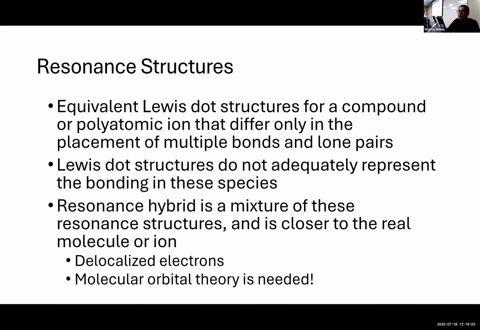So the Lewis dot structures do not adequately represent the bonding in these species because it could be any of them. The resonance hybrid is a mixture of these resonance structures, and it is closer to the real molecular ion. That's because there's a delocalization of electrons and molecular orbital theory is needed. So I know that's a mouthful, but I think it's better for me to show you on the next slide.